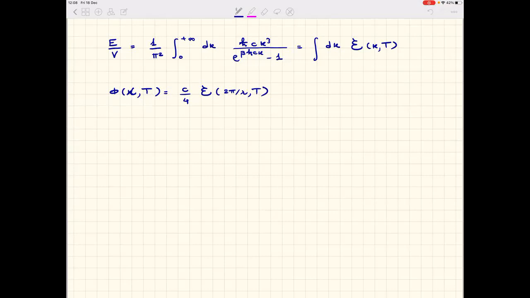What's that, sorry, N or K? What do you want to write there? Lambda?